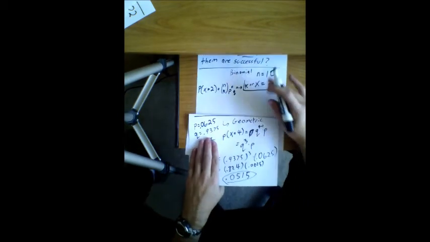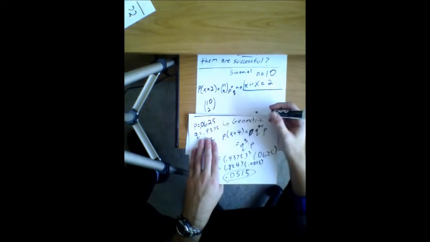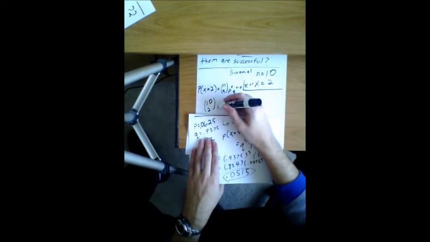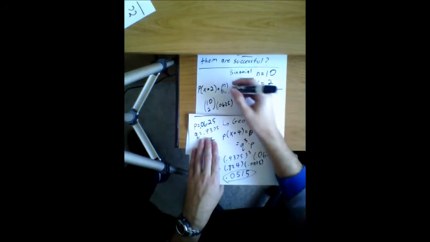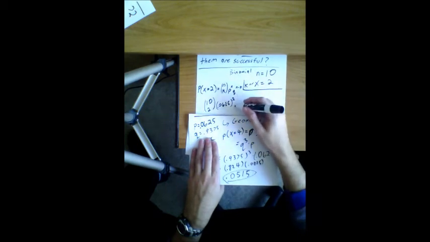So we've got a few things to look at. Let's fill this in. We've got 10 take 2, these kind of vertical parentheses like that. P is 0.0625 raised to the, well, k here is 2, so square it. And Q was 0.9375.